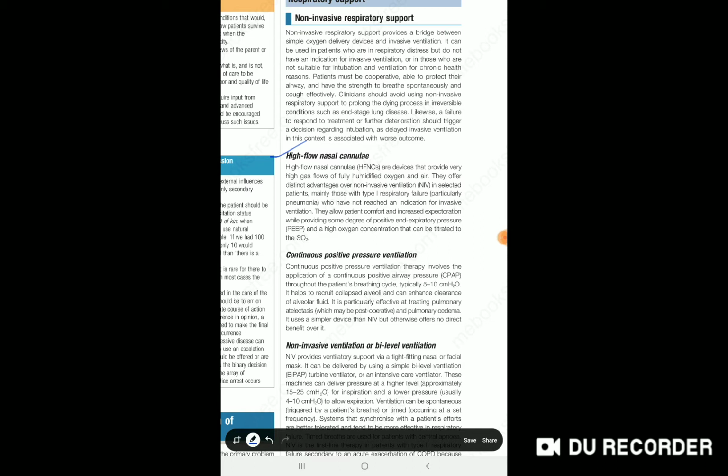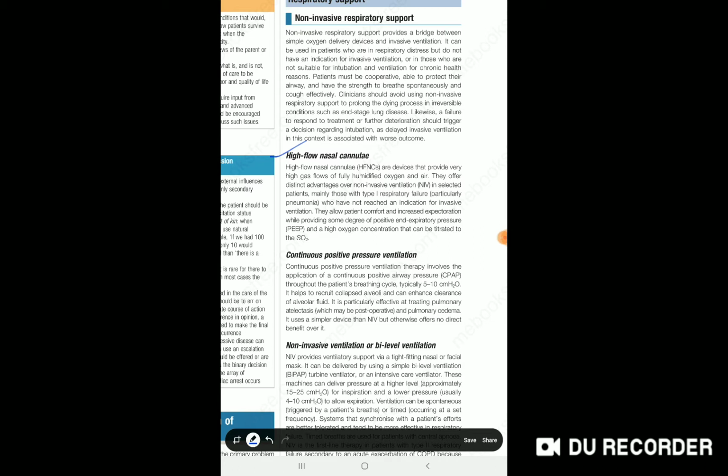In type 1 respiratory failure, only oxygen is deficient and there is no rise of carbon dioxide. You can apply the device very comfortably to the patient, and the patient can expectorate his sputum, and you can also properly judge the pressure of oxygen.